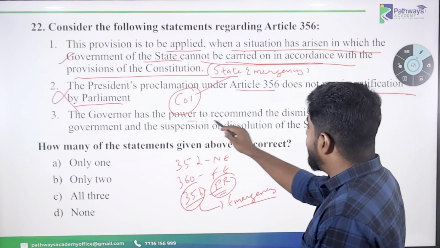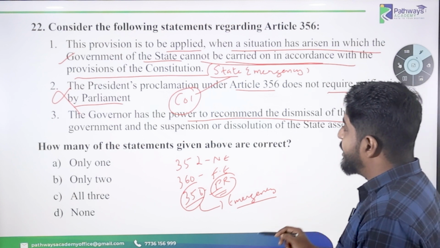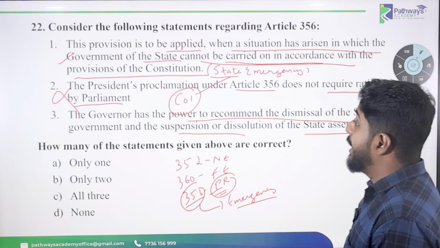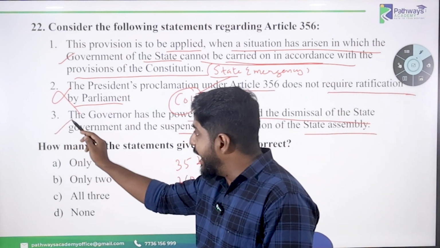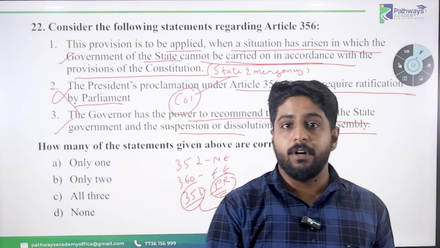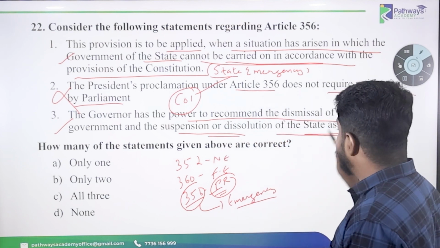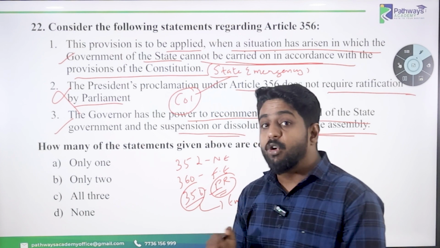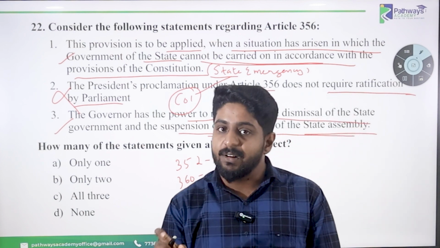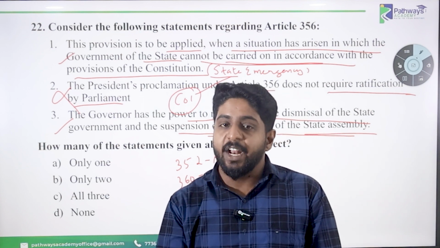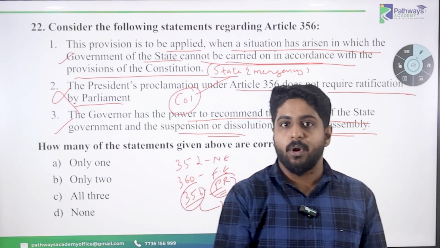The governor has the power to recommend the dismissal of the state government and the suspension or the dissolution of the state assembly. Yes, the governor may dissolve the state government, or the governor may suspend or dissolve the state assembly. Yes, the governor has got the power. Why? Because the problem is in relation to the state government, isn't it? So the state political functionary is the problem here.